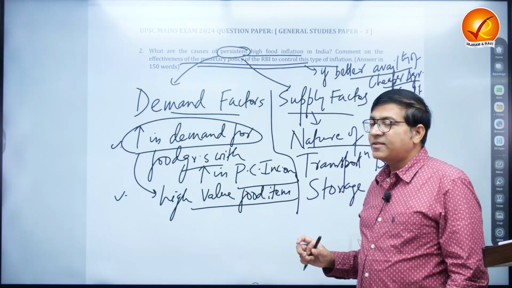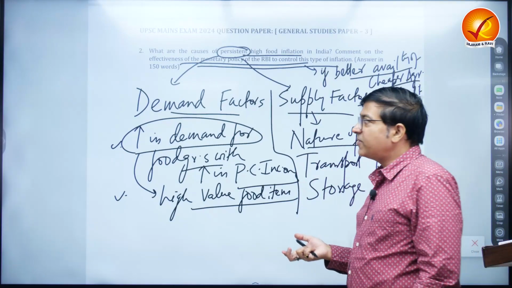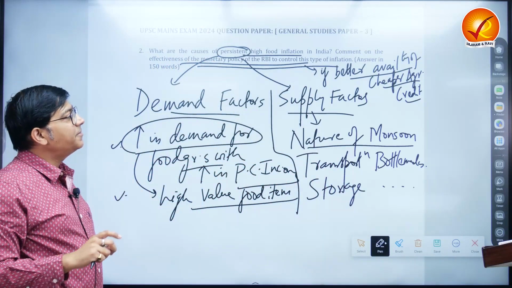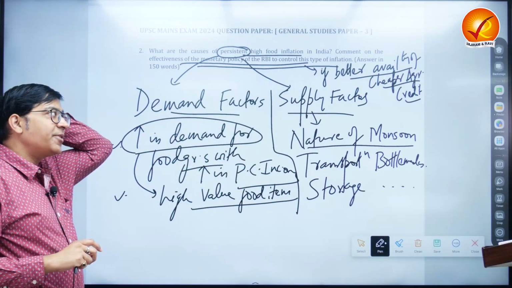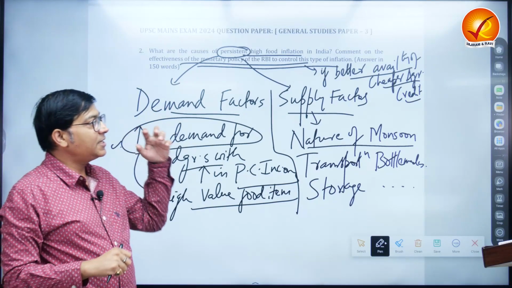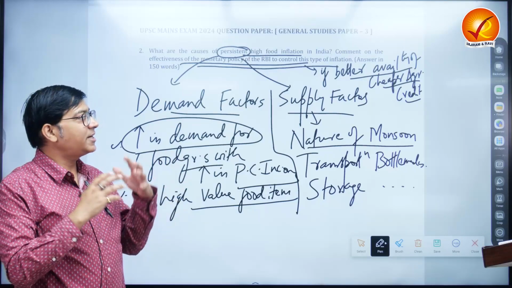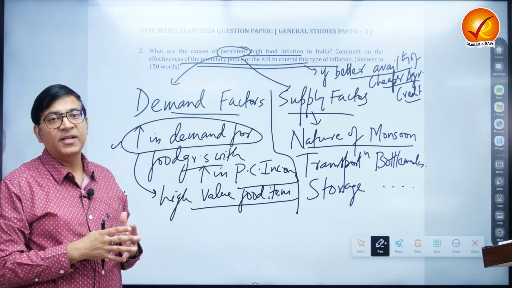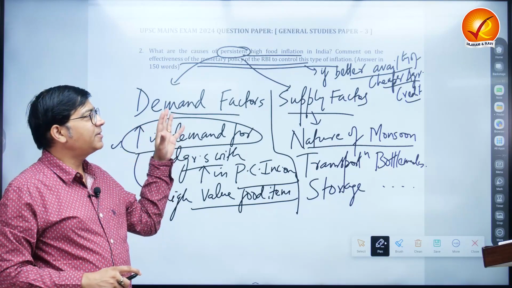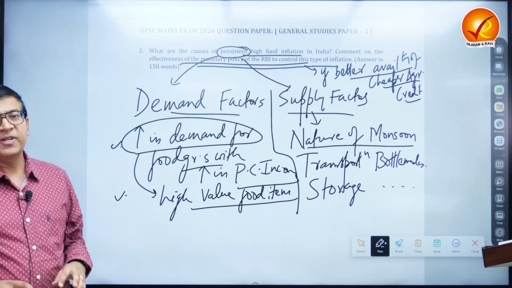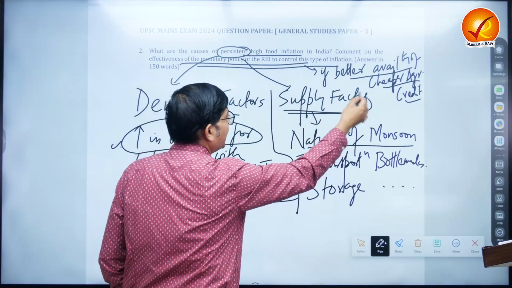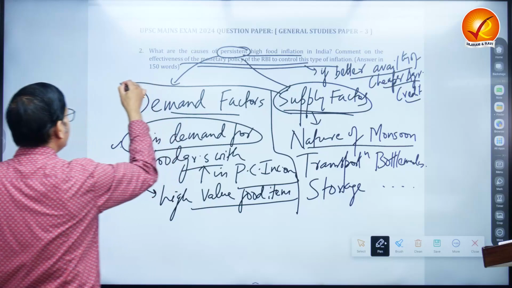Priority sector lending etc. can be given as an example of qualitative monetary policy, which is trying to control this type of inflation mainly by ensuring that the agricultural credit related things are streamlined. But fundamentally monetary policy is not enough to control food inflation. Why? Because most of the supply side factors are where the monetary policy is not effective.